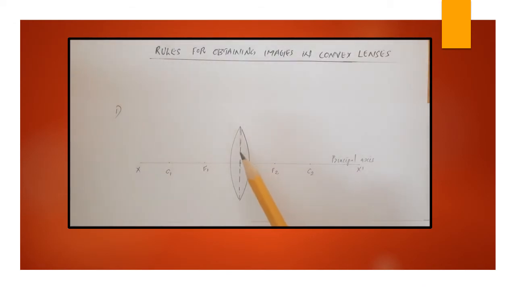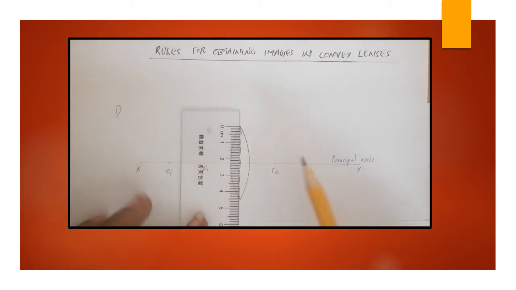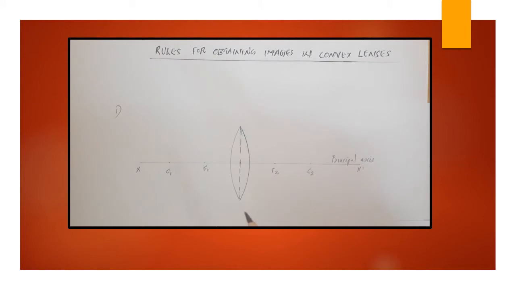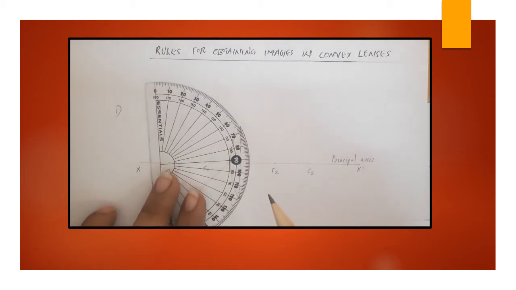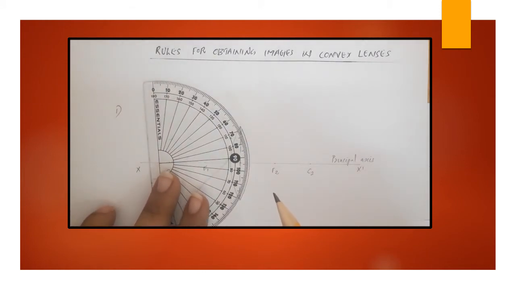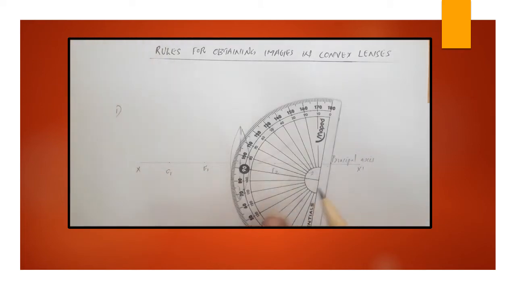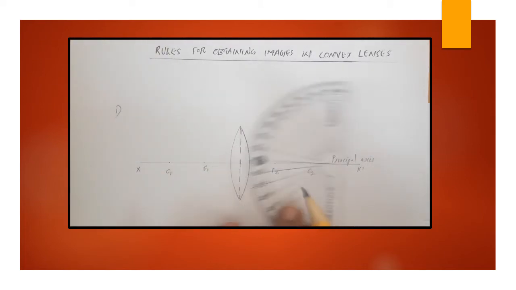Children, we have drawn a convex lens. For drawing this convex lens, you can use a compass, or you can take a particular measure in your scale and take the optic axis first, and using your protractor you can draw the two sides like this, and finally you can draw a convex lens.